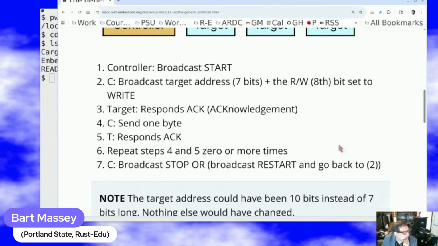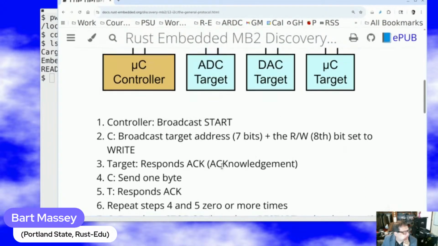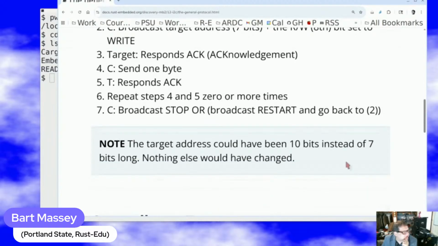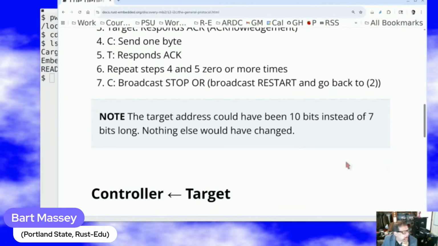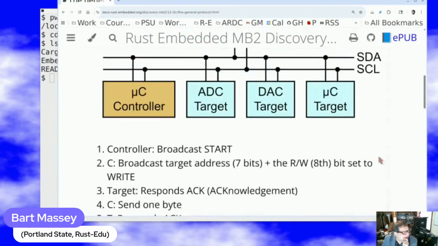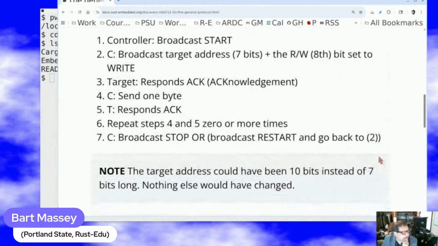And the microcontroller sends a byte, and the target says, yeah, I got that byte. You can do that as fast as you can. And the controller eventually says either stop or restart, and that's the whole story. The normal address length on I2C is 7 bits.